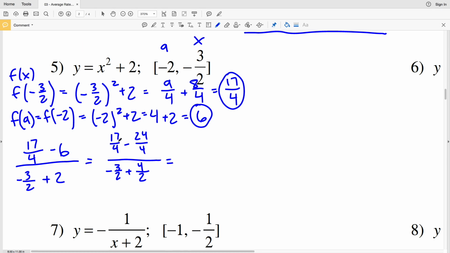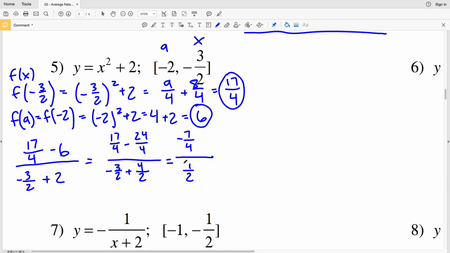Simplifying further, 17 minus 24 is a negative 7, so I'll have negative 7/4 divided by negative 3 halves plus 4 halves, which is going to be a positive 1/2.